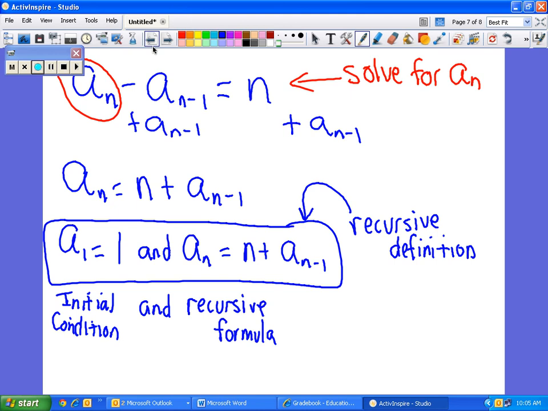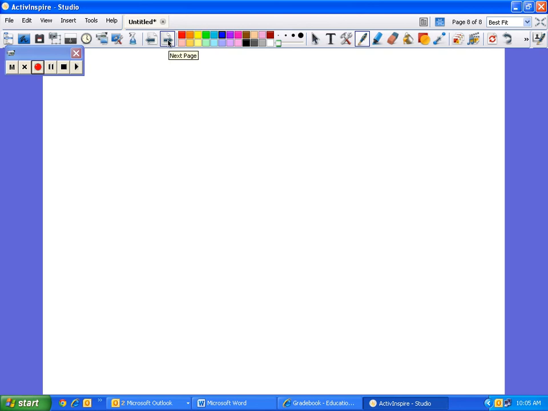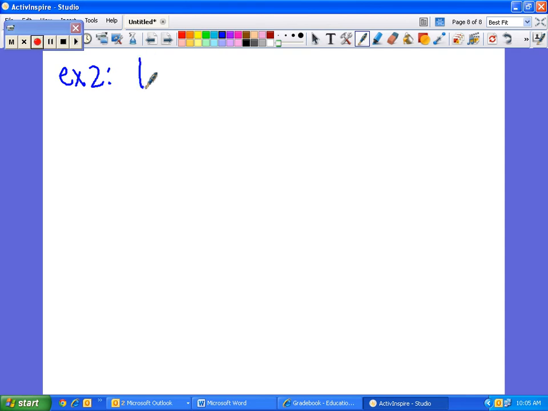All right, let's do one that's multiplication. So example number 2. Okay, so we want to write a recursive definition for this sequence.